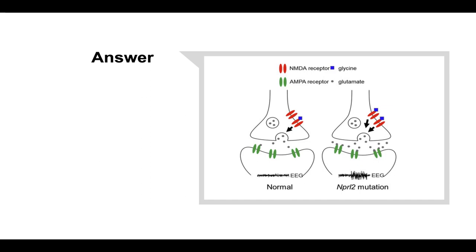In a normal situation, there are two NMDA receptors, but glycine only binds to one of them. And in mutation, glycine binds to both of the NMDA receptors, which is called an excitatory response, and causes a seizure. Thank you for your time.